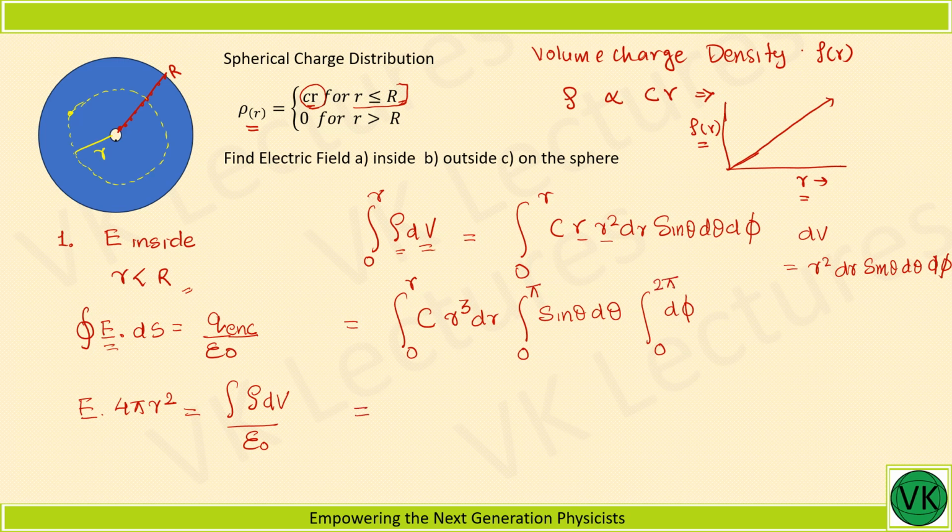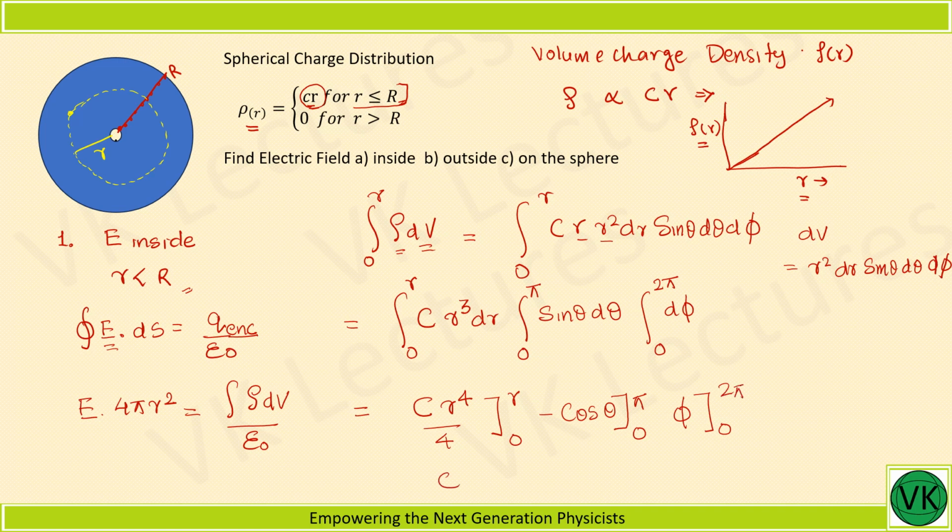Now this is c r cubed, and the integral of r cubed is r to the power 4 by 4. So c r to the power 4 by 4 with limits 0 to small r. Then the integral of sine theta is minus cos theta, from 0 to pi. Then the integral of d phi is phi, with limits from 0 to 2 pi.